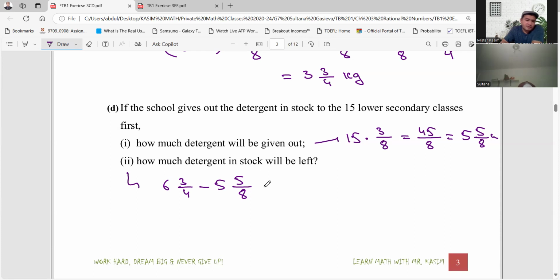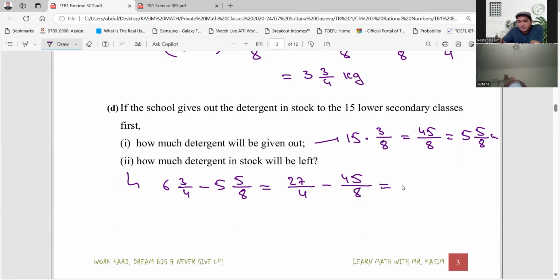Can we solve this question another way? Okay, let's just continue like this. Can you subtract this? First, we change into improper fractions, right? 6 times 4 is 24, plus 3 is 27. And this one is 45. But 4 and 8 are different.